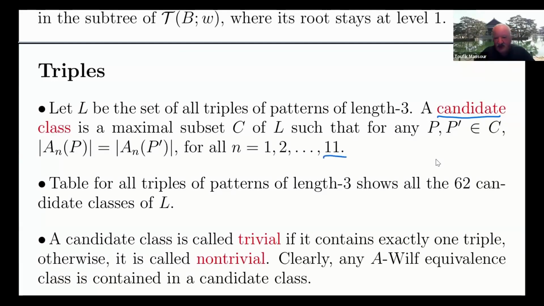Why 11? Because when I ran the program about avoiding a set of patterns, it was easy up to 11 so that I would not wait a lot of time. Actually, it was enough for me to guess what the Wilf classes are here.